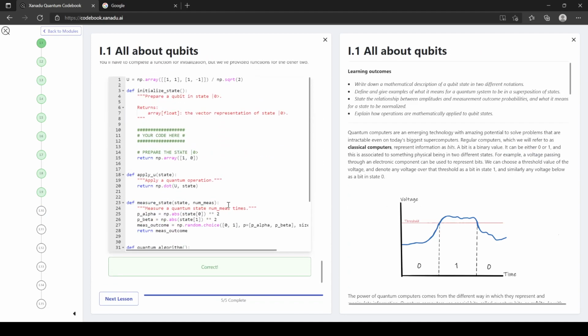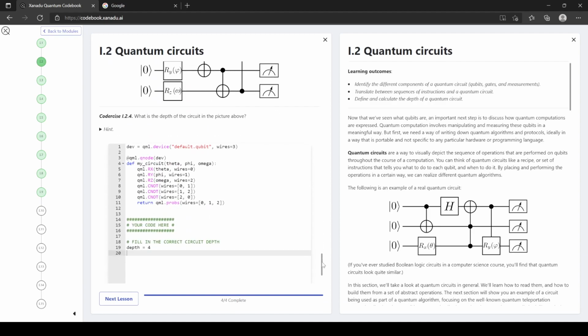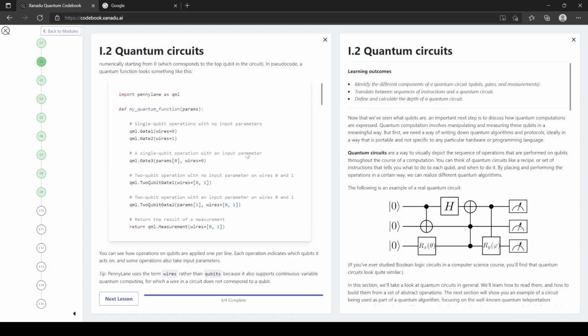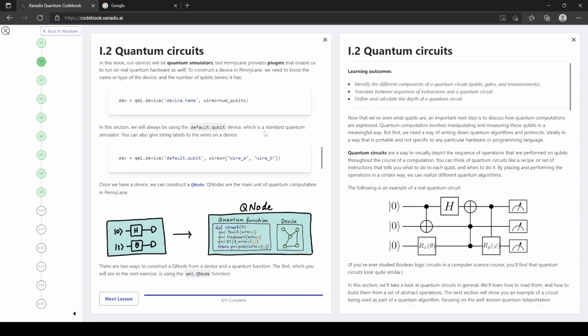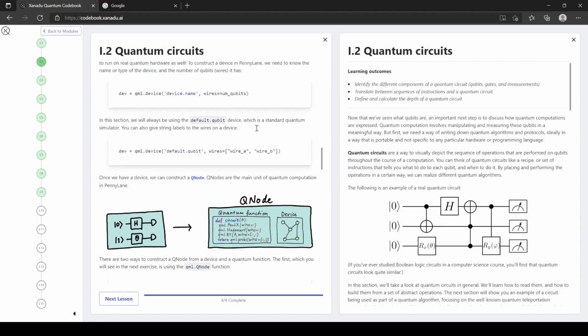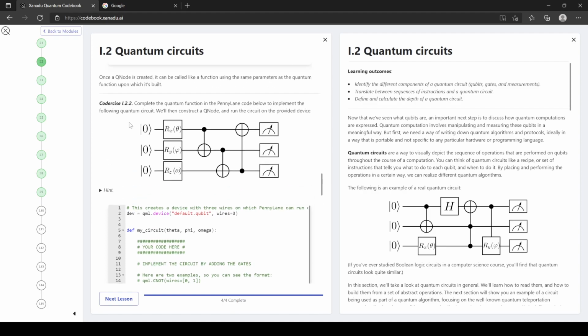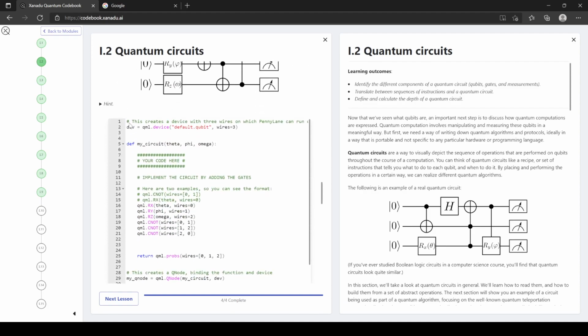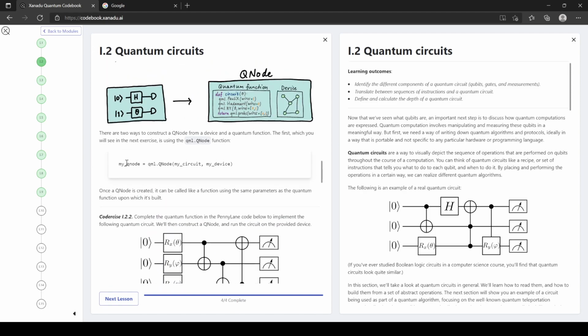Let's see. I'm going to introduce us to devices. All right, we see devices here. Oh, right, we have to do. Oh, okay.